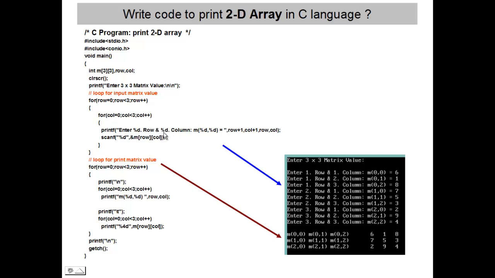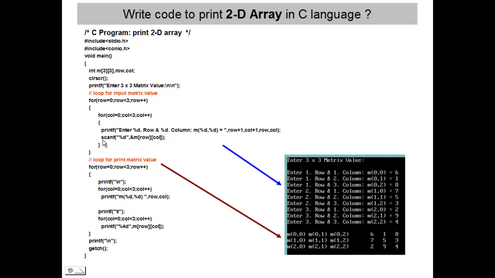So first row, first column means index 0 0. This message shows first row first column, m of 0 0.